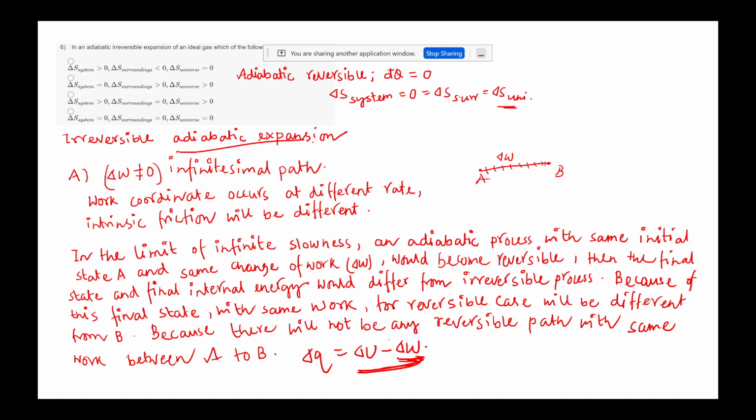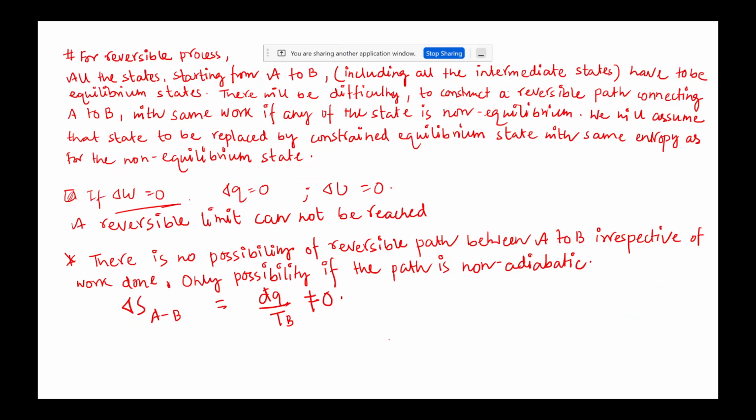Because to calculate the change in entropy from A to B, we need to construct a reversible path. And for that reversible path, we need less delta W, right? Then this difference will be more, one thing.